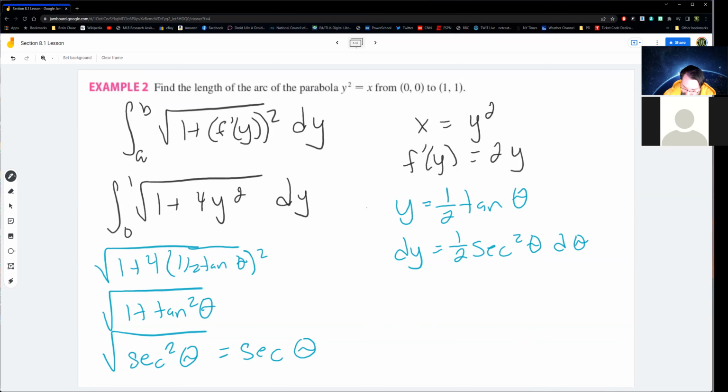So if y equals 0, I have 0 equals 1/2 tangent theta, so 0 equals theta.